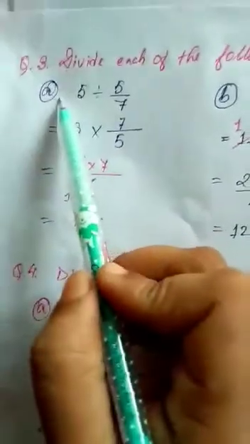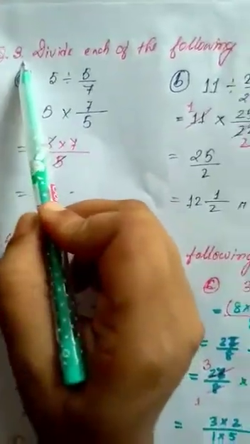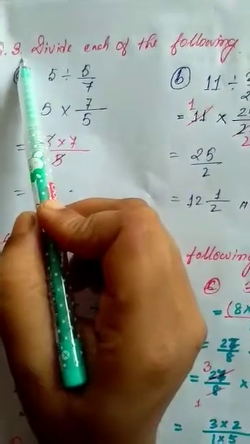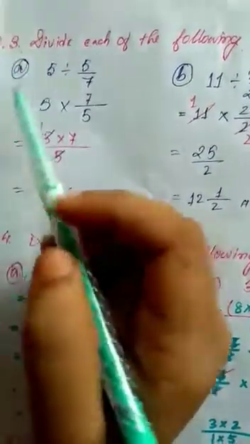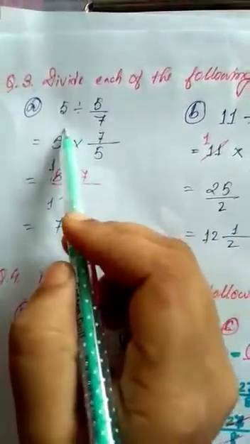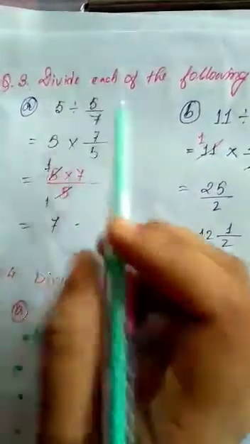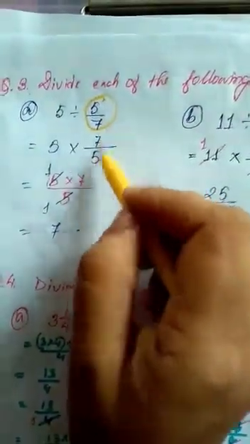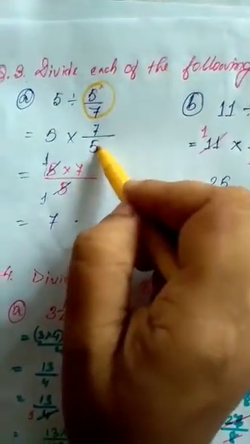Now let's do our next question, that is question number 3. And the rest of the sums from question number 2 can be solved by you now. So let's do it here. 5 divided by 5 by 7. What do you have to do here, children? 5 is a whole number divided by 5 by 7, a fraction. So we have to write the reciprocal of this fraction. The reciprocal of this fraction will be 7 by 5. We just have to interchange it here.